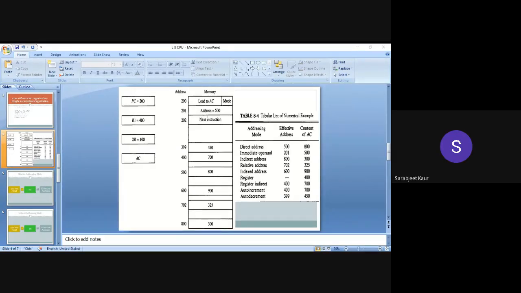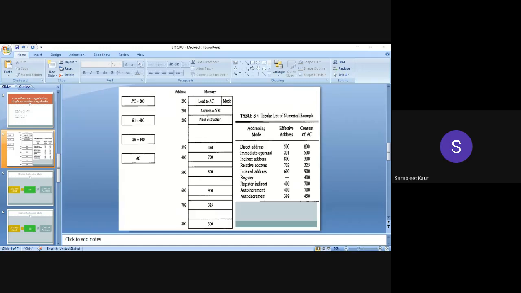So when PC is 200, I come to location 200 and I start executing this instruction. And what is the value of PC now? It should become 201.